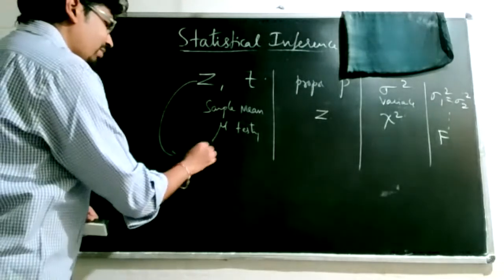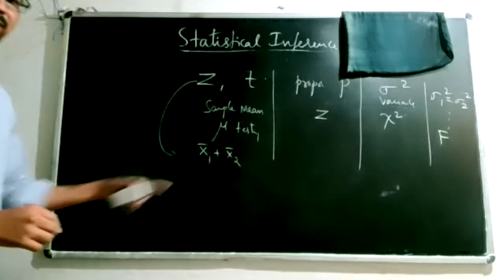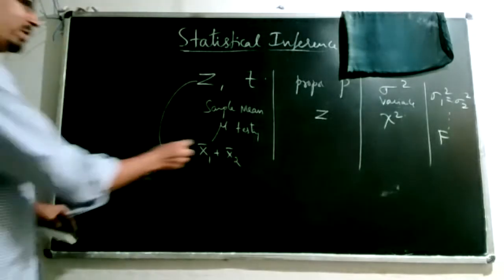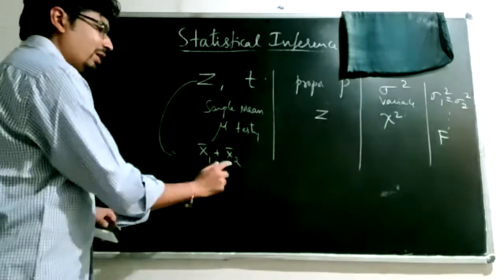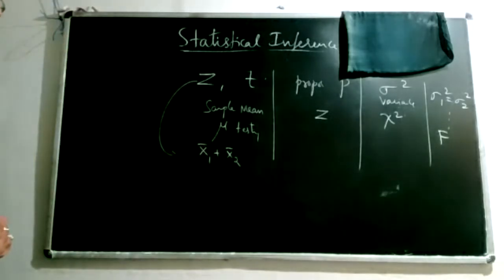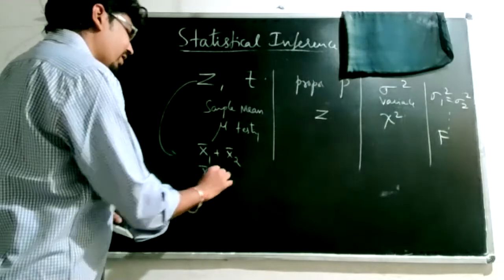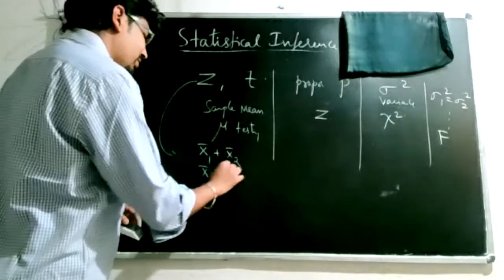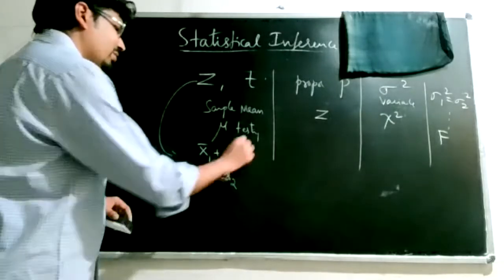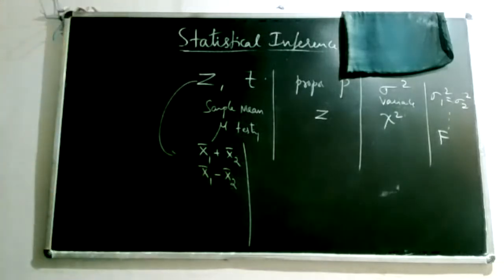So you are talking about x1 bar plus x2 bar. So that could happen for the sample mean also. So if it is happening for a set of variables, it should definitely happen for a set of statistics. So you can talk about x1 bar plus x2 bar, x1 bar minus x2 bar. All these are also called statistics because they are basically functions of sample values.